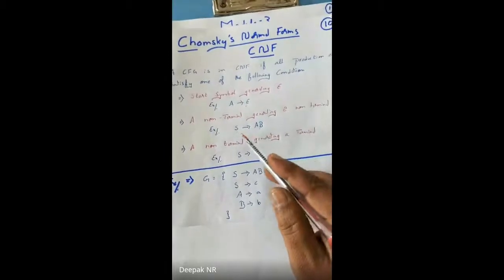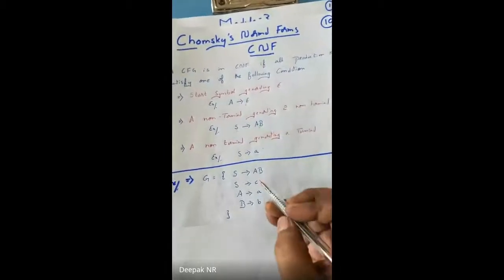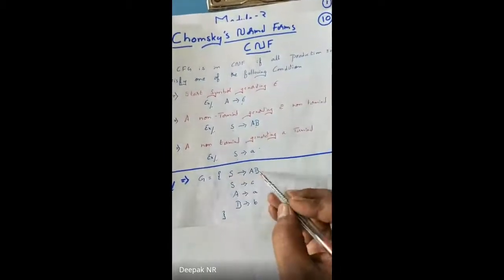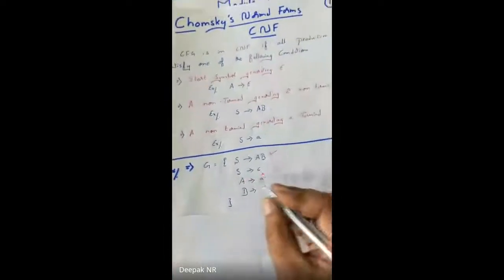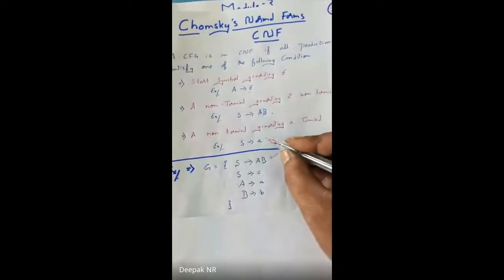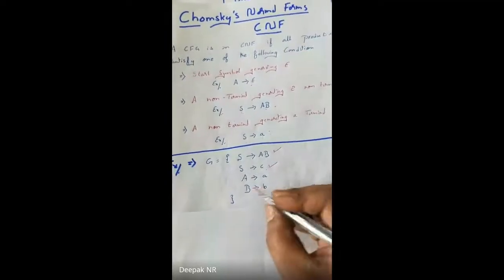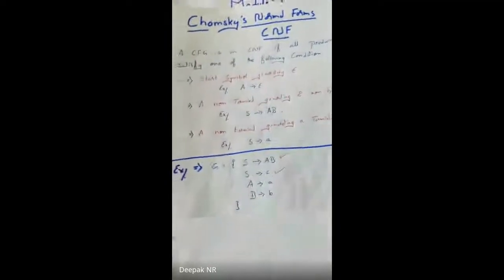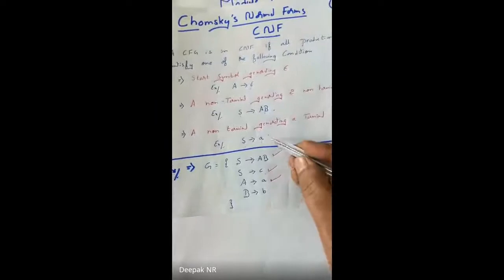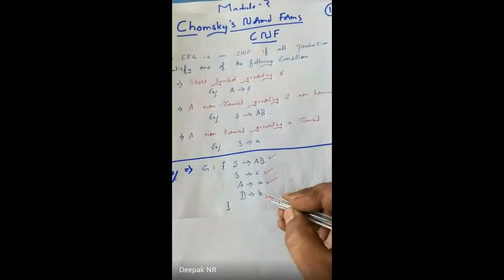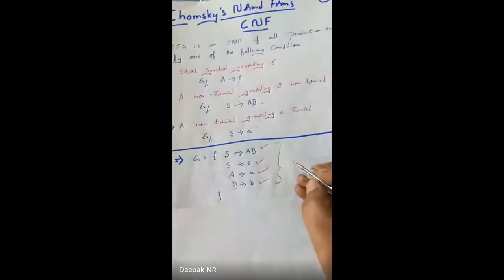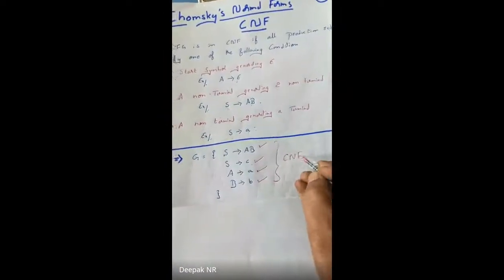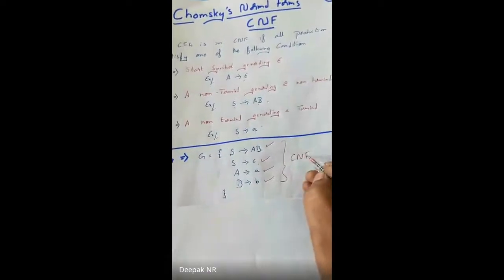My second rule: S tends to AB satisfies my second rule. S tends to c satisfies my third rule. A tends to a satisfies my third rule. B tends to b again satisfies my third rule. Hence, this is in CNF, in proper normal form.